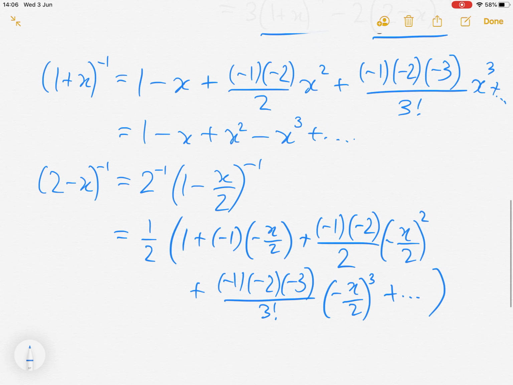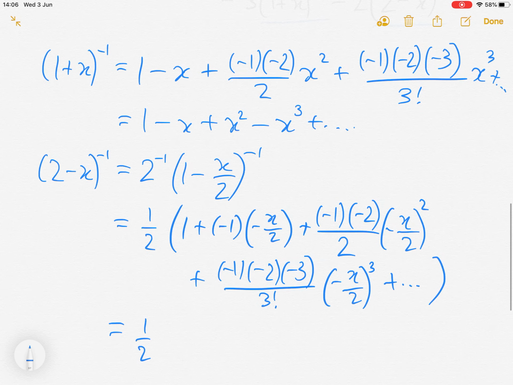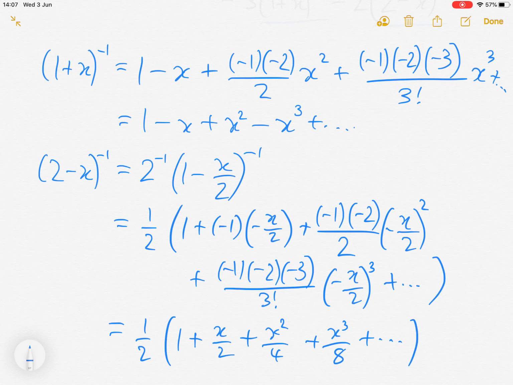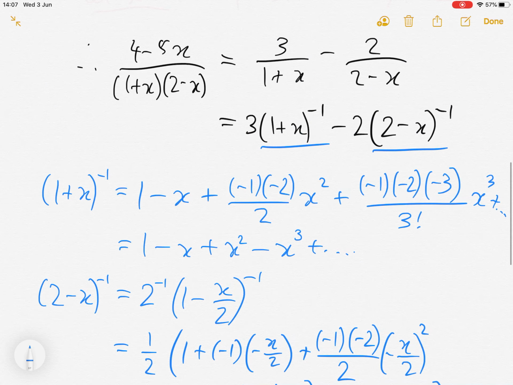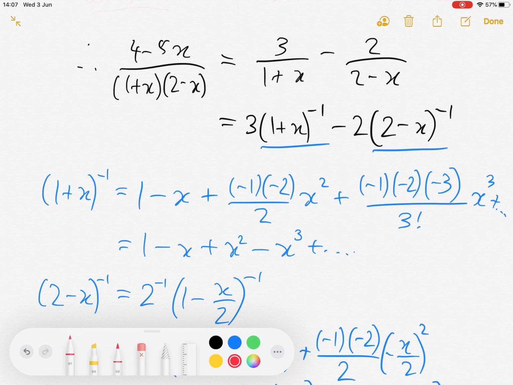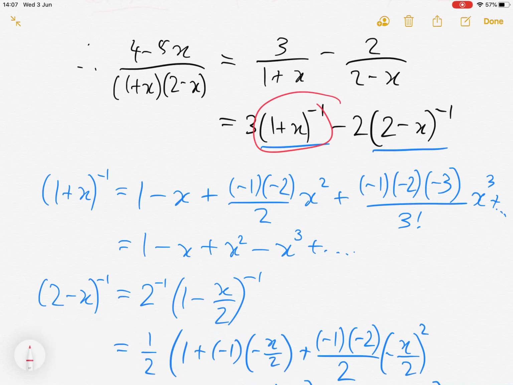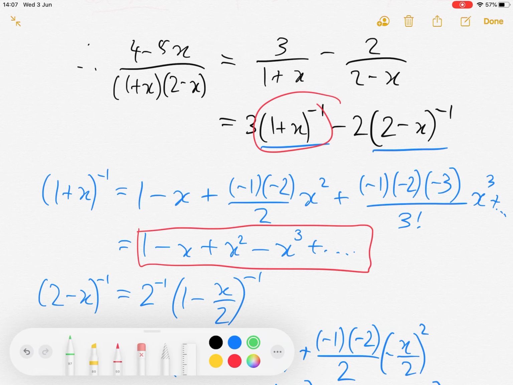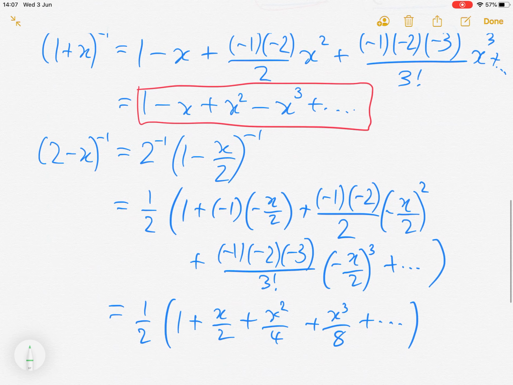And then let's expand out everything. So this is a half. We'll leave the half outside actually, but inside we've got 1 plus a half x plus x squared over 4 plus x cubed over 8. Okay, and now we're going to replace this with the series we found here. And we're going to replace the other one with the series we've got here.